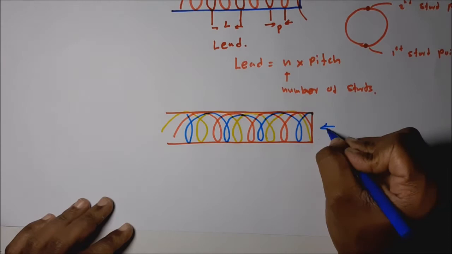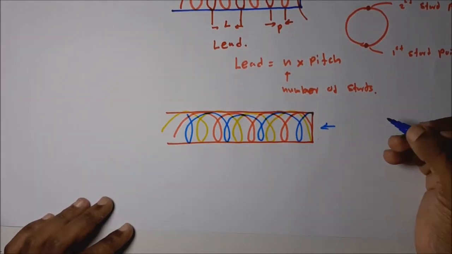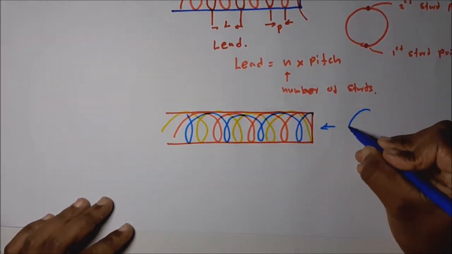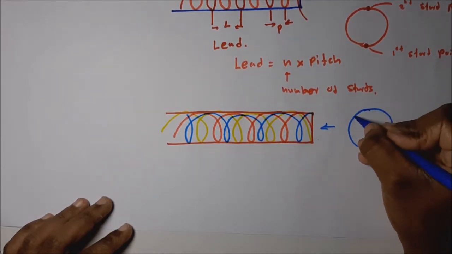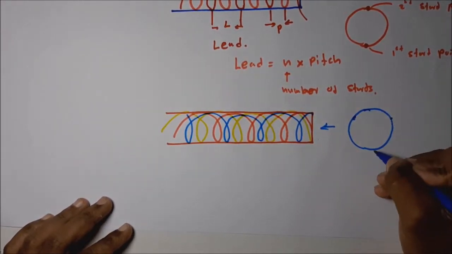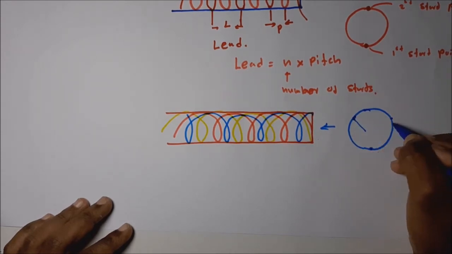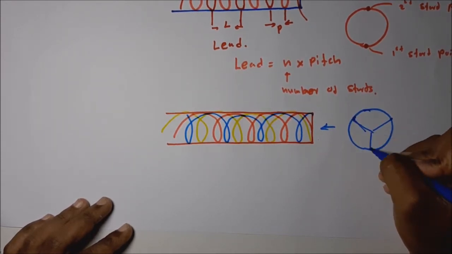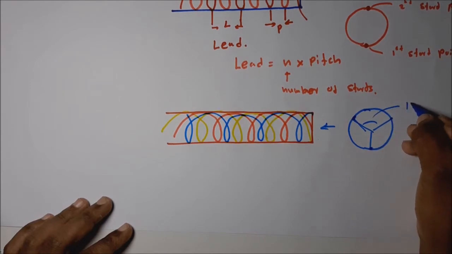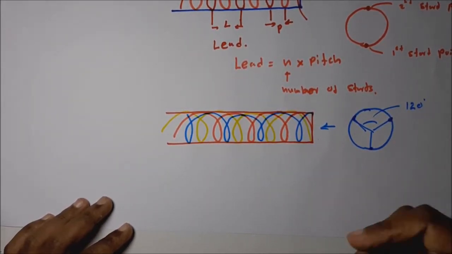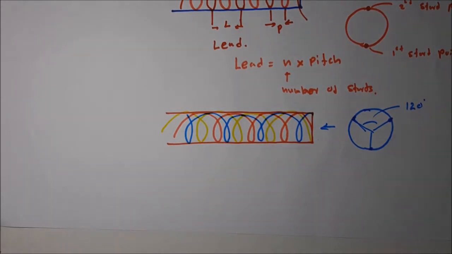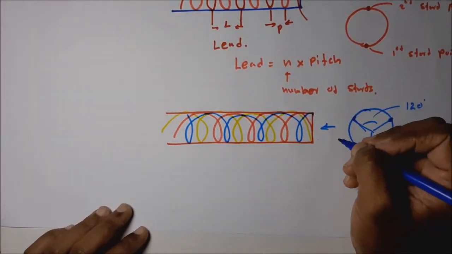If you look from this direction, we can see the 3 start points, 1, 2 and 3, 120 degrees apart. This angle is equal to 120 degrees. 3 start points, simultaneously driven on the screw parallel to each other.